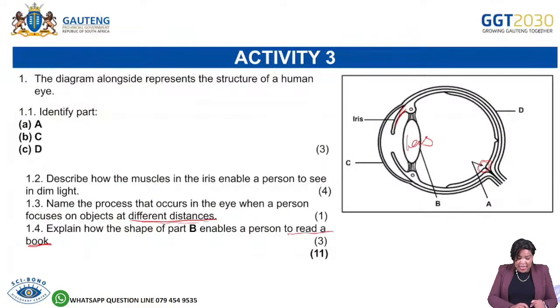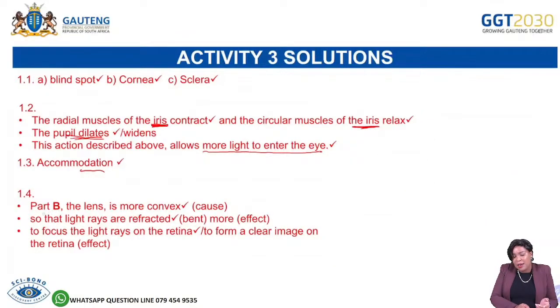You need to tell us that part B, which is the lens. You can get a mark for saying part B, or if you don't know what part B is, you can mention that it is the lens. It is more convex. So when the person is reading a book that is close, the lens is going to be more convex. And when it is more convex, the light rays are refracted more.